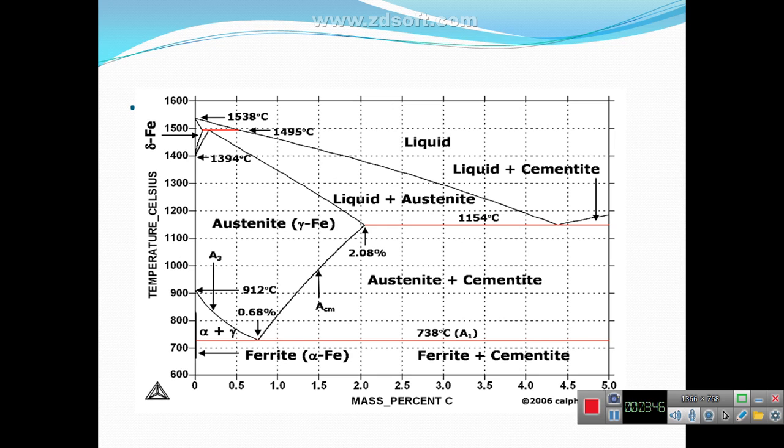In the phase diagram of iron carbon, the structures formed are ferrite, pearlite, cementite, martensite. Like this, there are various structures that can be formed. In this slide, we can see what structures have been formed at what temperatures and what transformations happened in the iron carbon phase diagram.